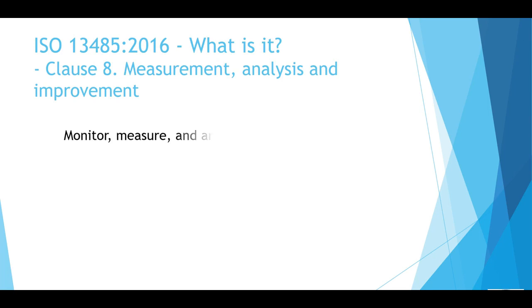And so on to Clause 8, Measurement, Analysis and Improvement. Firstly, you have to plan how your organization will monitor, measure, and analyze processes to ensure product and QMS conformity and QMS effectiveness.